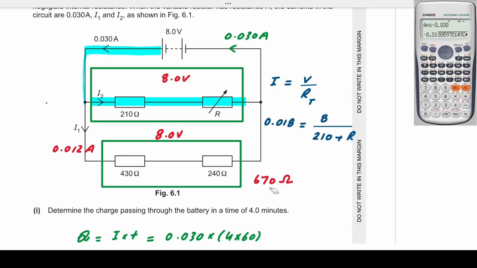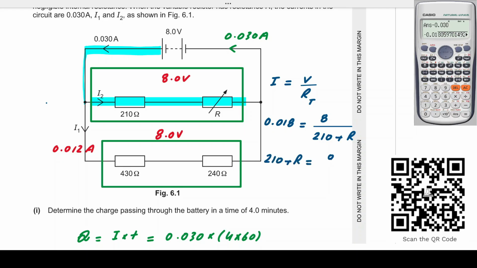Now you can clearly see we can rearrange the expression and find the value of R. So 210 plus R equals 8 divided by 0.018, so R is 8 divided by 0.018 minus 210.